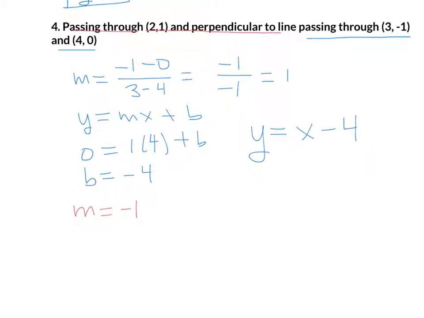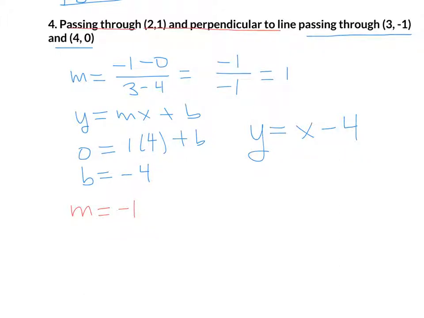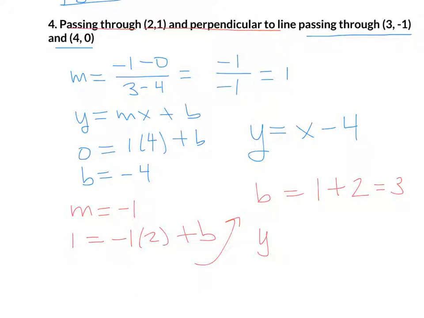So now plugging things in, we plug in a 1 for the y, a -1 for the slope, a 2 for the x, plus b. We solve for b, so we get b equals 1 plus 2, so that equals 3. So the equation of the line passing through this point 2, 1 and perpendicular to the line passing through those other 2 points is y equals -x plus 3.